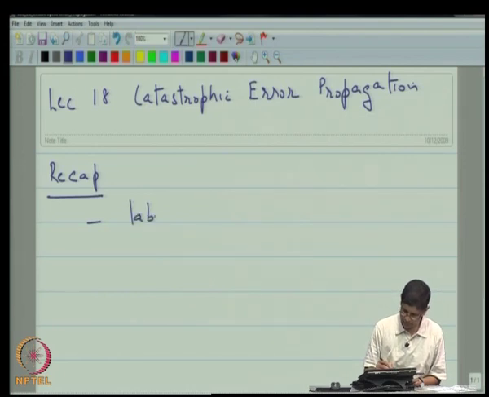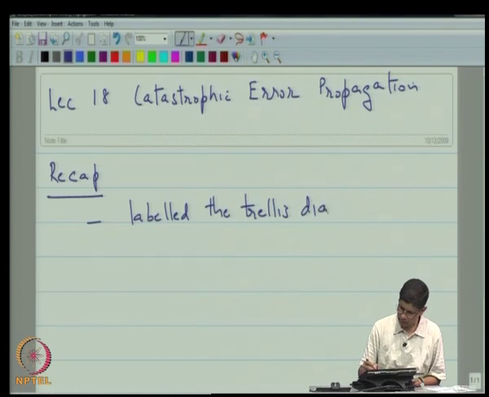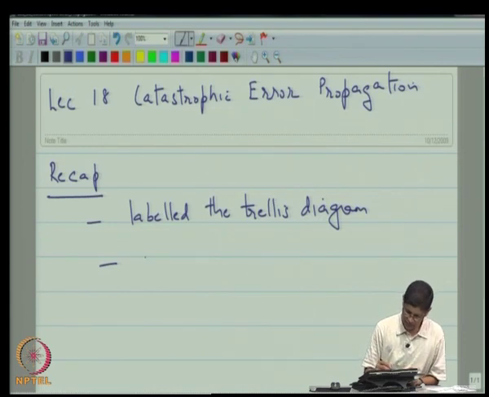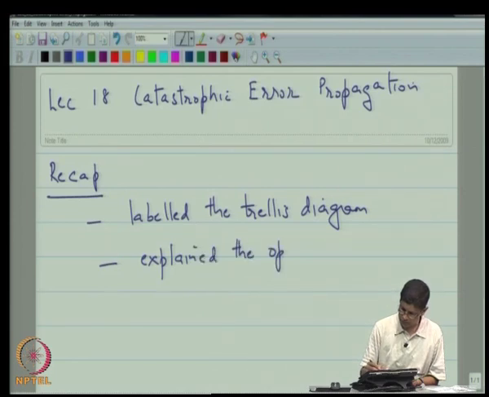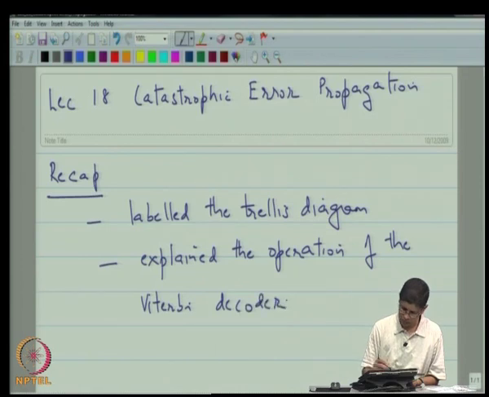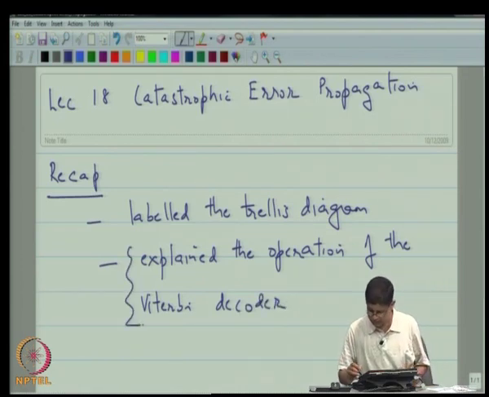Labeled the trellis diagram, and then explained the operation of the Viterbi decoder. So, that is what we did last time.